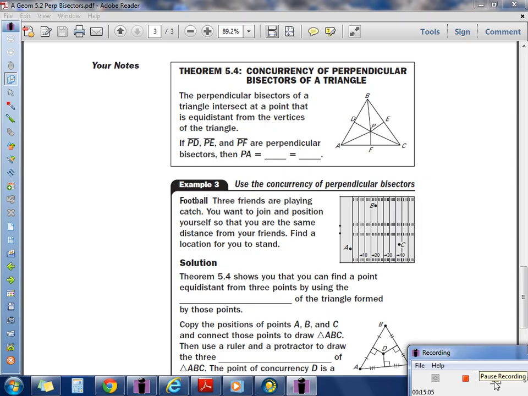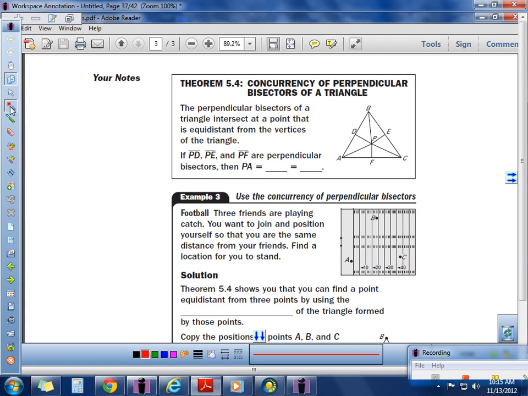Theorem 5.4 just talks about perpendicular bisectors and what pieces are congruent. In this picture up here, which pieces are equal? No, they're not all equal. Only certain ones. AF, FC.